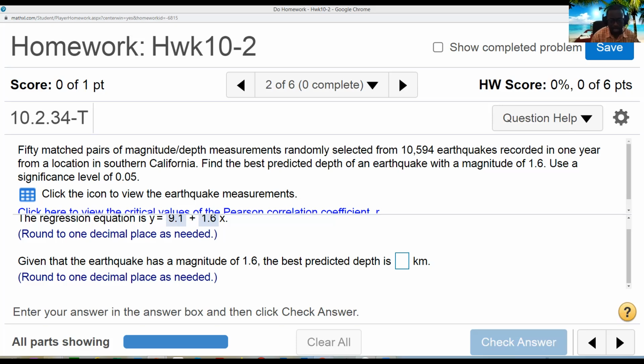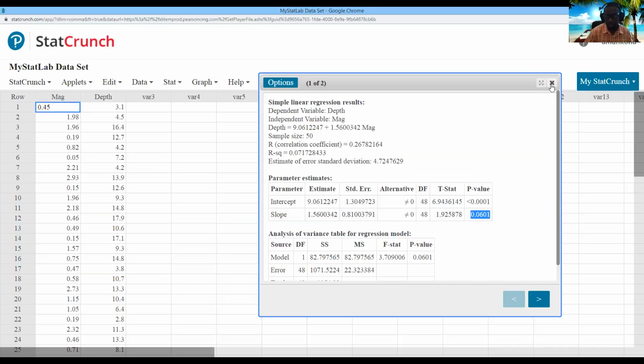So if it's a bad model, then to predict any y, we use y bar. So to predict for x equal to 1.6, as the question says, the value is going to be y bar. So I go to StatCrunch.